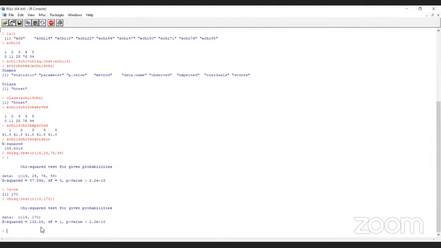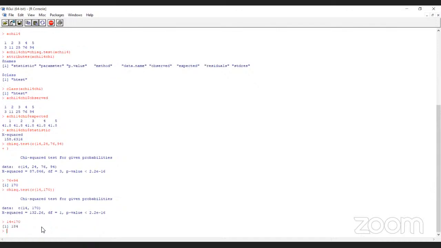Okay. Now another important part is the observed frequency and expected frequency. What will be the expected frequency? You write down 14 plus 170. Enter. So it is 184.